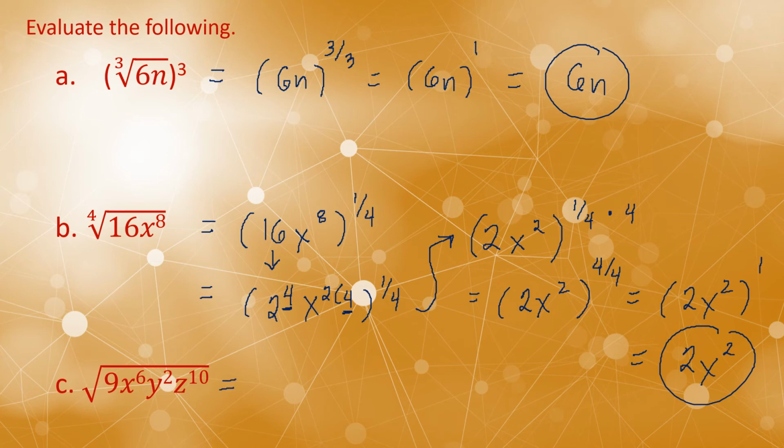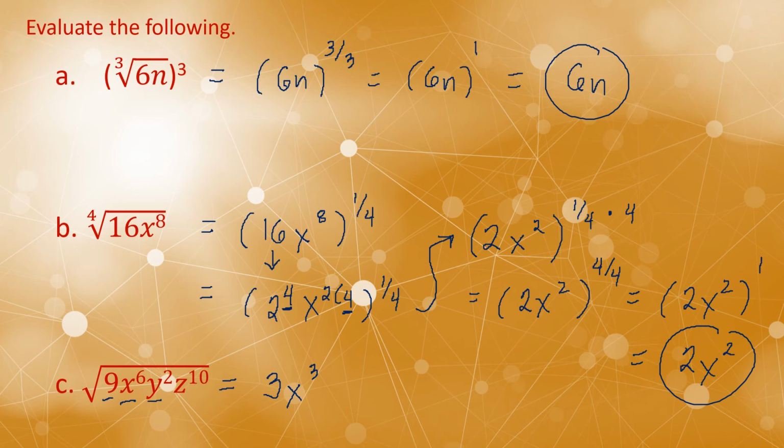So we can simply extract the square root of each term in the radicand, since they are all perfect squares. So let's say for 9, the square root of 9 is 3, because 3 squared is equal to 9. The square root of x raised to the 6th power is x cubed, since x cubed times x cubed is x raised to the 6th power.